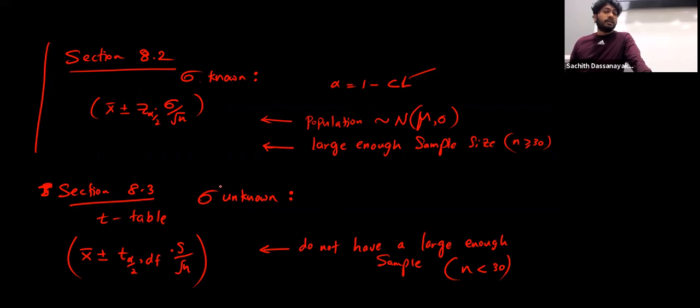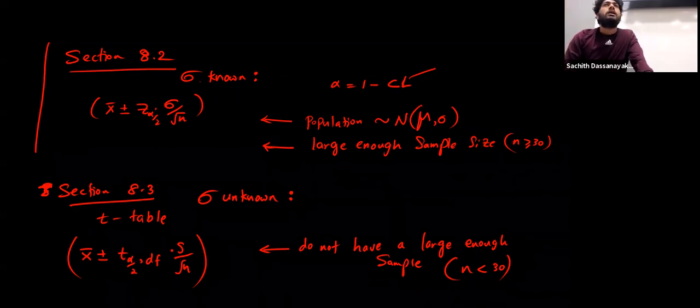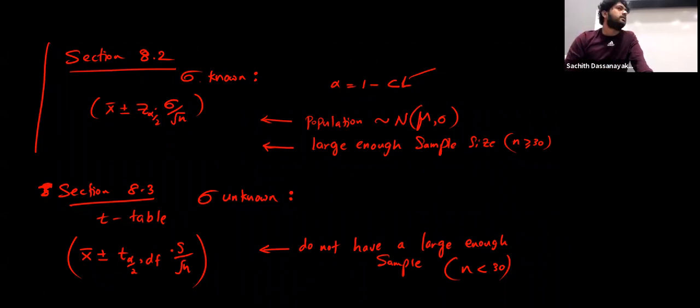Under these two conditions, sigma unknown and sample size less than 30, you have to use the second approach, the T table, T distribution or Student's T distribution. The name Student's came from the fact that this table was generated by a student of that professor.